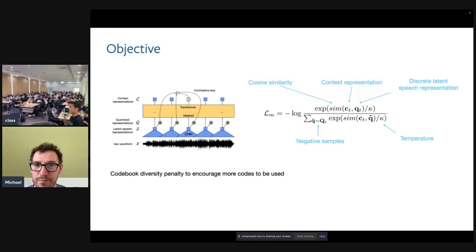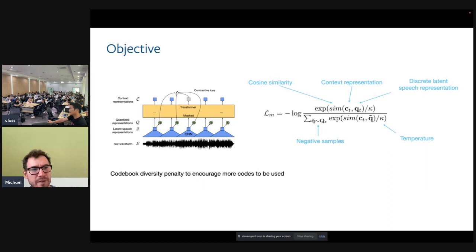Then in the denominator we simply have some alternatives that we contrast the numerator to. The job of our model is to make the numerator as large as possible, thereby reducing the loss. And making it as large as possible means correctly identifying what is behind that masked time step.